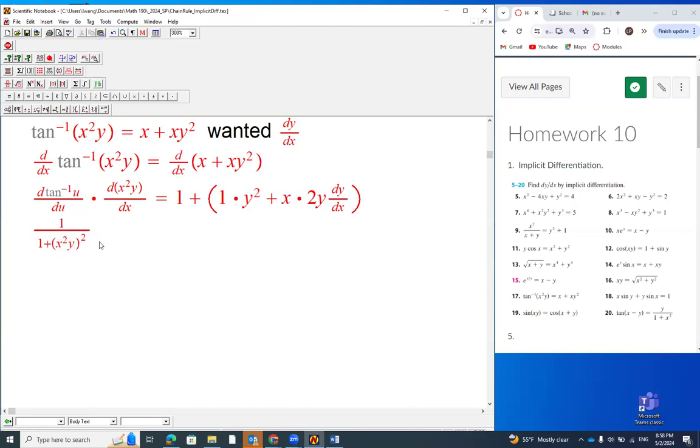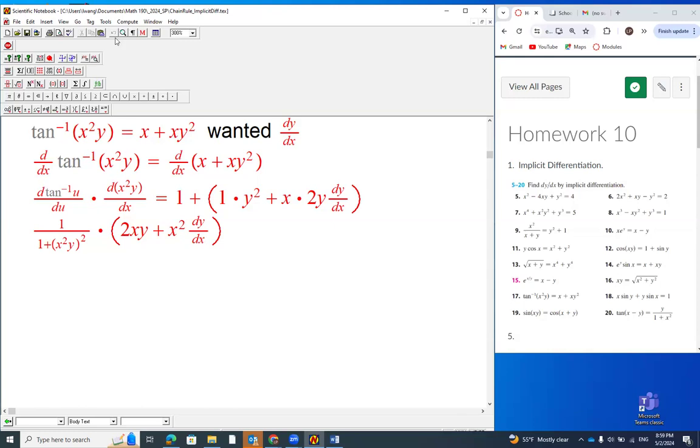There. Okay? And the derivative of this product, of course, we're going to get another parentheses. You can use a bracket if you want. The derivative of x squared is 2x multiplied by y, plus x squared and the derivative of y with respect to x.